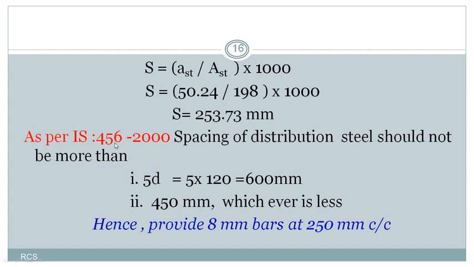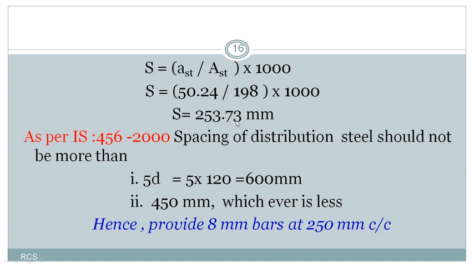As per IS 456-2000, the spacing of distribution steel should not be more than these criteria, that is 5d and 450 mm. If we calculate 5d, we get 5 into 120, that is 600 mm, and with 140 we get something like 720 mm, and the other is 450 mm.